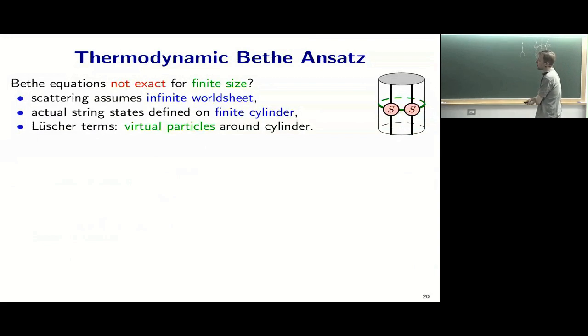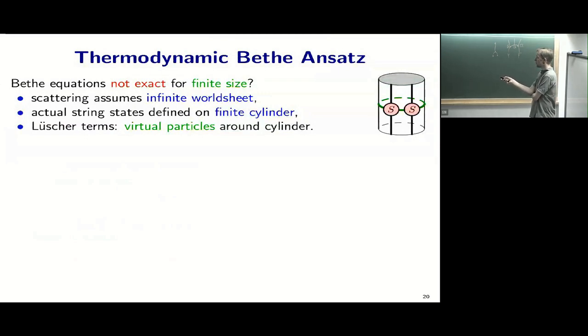the Bethe equations that I showed you are not actually exact for finite size, because the scattering that you start with assumes an infinite worldsheet, but the actual string states or the actual spin chain states are defined on a finite cylinder, and you get other terms which are called Lüscher terms, which correspond to virtual particles which go around the cylinder.